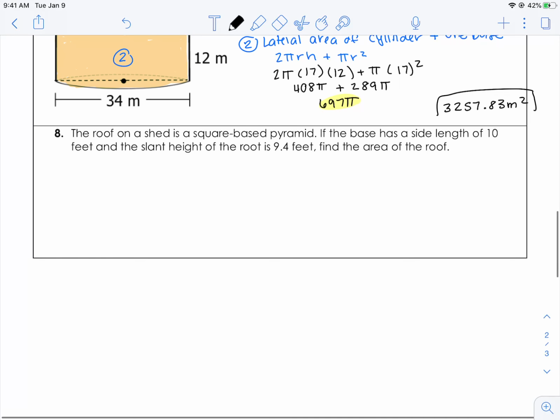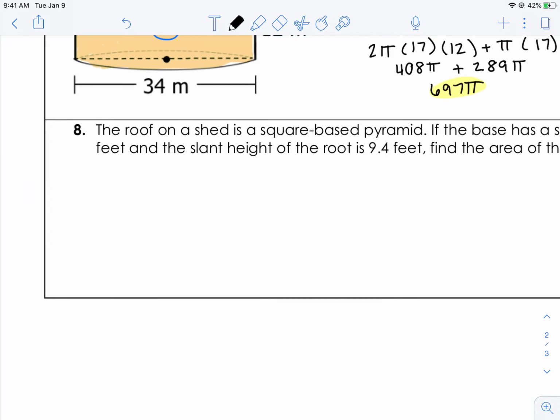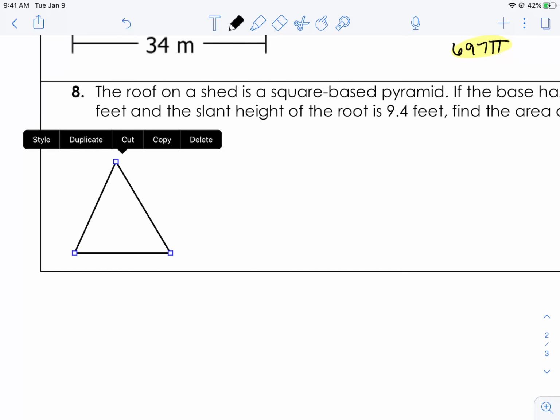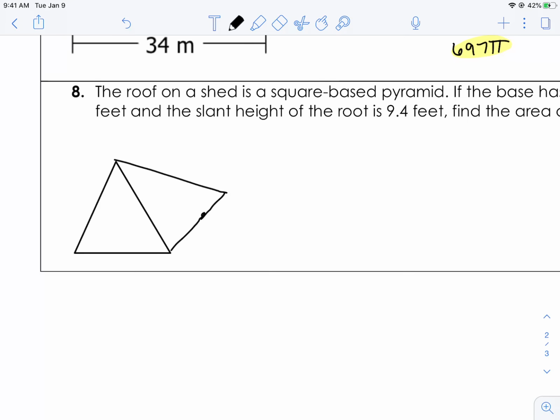Okay, and then the last one, the roof on a shed is a square-based pyramid. So I'm going to go ahead and draw that. So to draw a square pyramid, you start with a triangle. Okay, and then you slant backwards, connect the dots so it kind of looks like a square, and then just draw in your dashed line.